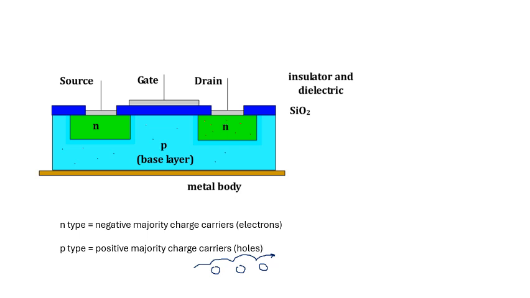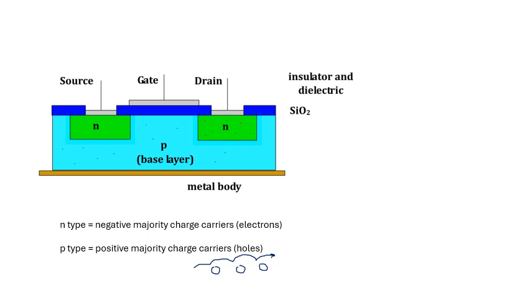So N-type has a few extra electrons floating around which can move around, and P-type has a few extra holes in it which can carry electrons, and they behave like positive charge carriers.